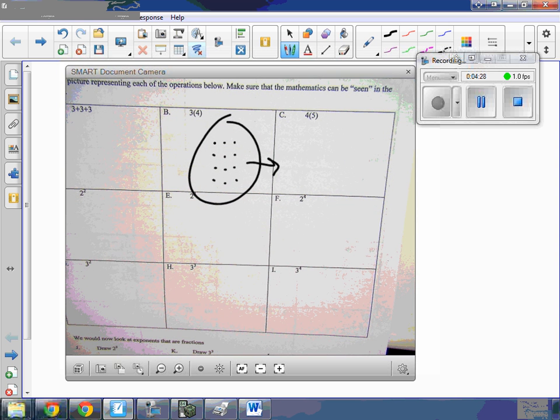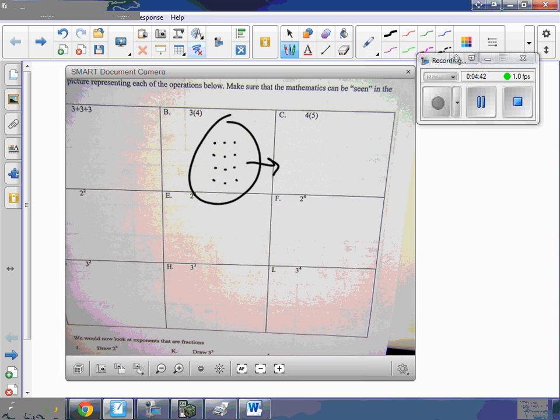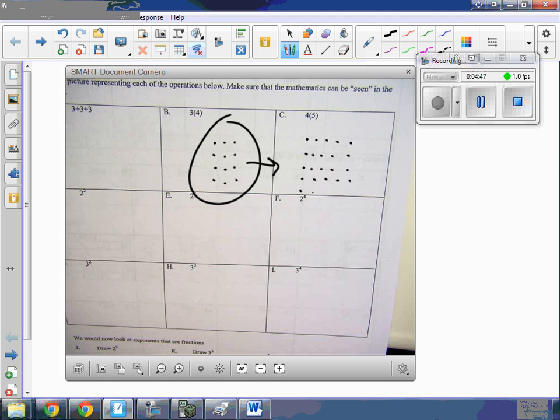So if I have 4 times 5, what do I need to do to change this to be 4 times 5? Add 2 more columns. So if I added 2 more columns of 4, that's my 20 dots. 4 times 5.